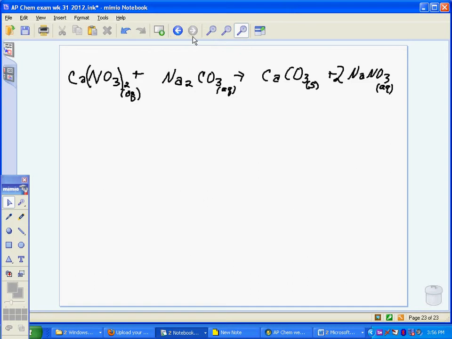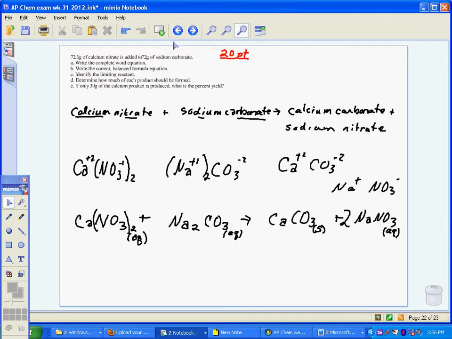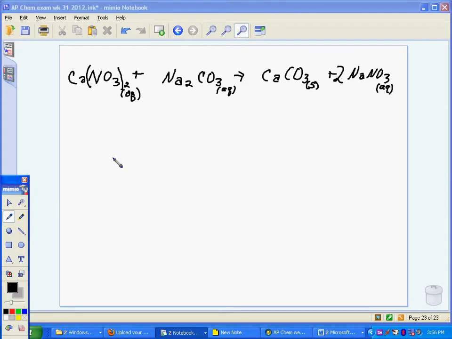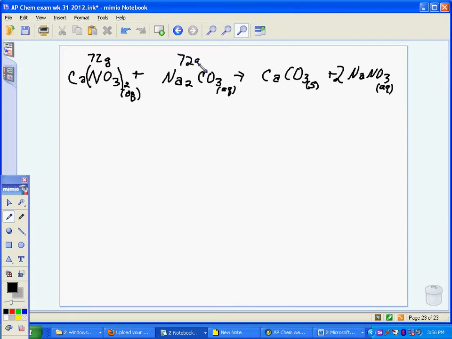So, let's see, 72 grams of both things. Okay, I start out with 72 grams of this, and I start out with 72 grams of this. Alright, remember that we're first of all going to need to know what our molar mass is of each one of these participants in the reaction.